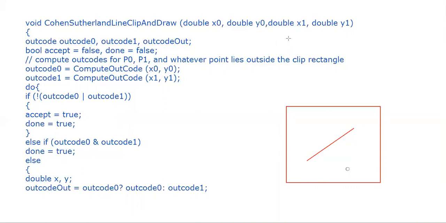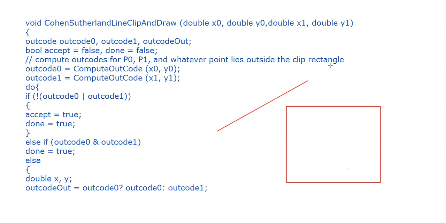Now I will go for case 2. I will draw a line like this. See, this is case 2. This is the else if outcode. Here both the codes are non-zero. You know the ABRL code that you saw in the first video.